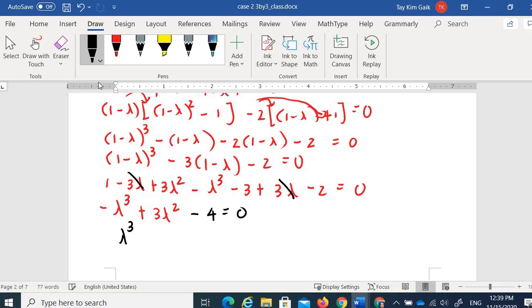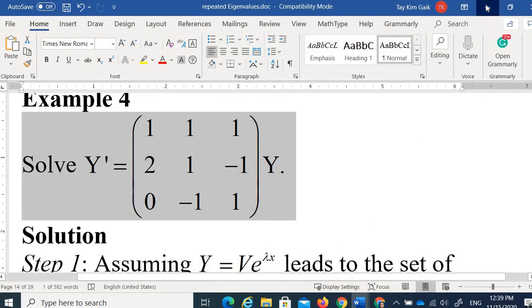Okay, multiply by negative on both sides, so you get lambda cubed minus 3 lambda squared plus 4 equal to 0. Then you may solve it using the scientific calculator.